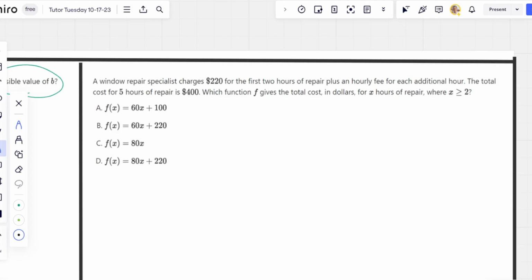Well, if 5 hours of repair was $400 and there's a flat fee of $220 for the first 2 hours, then I'm going to say this is going to be $220 plus the last 3 hours.